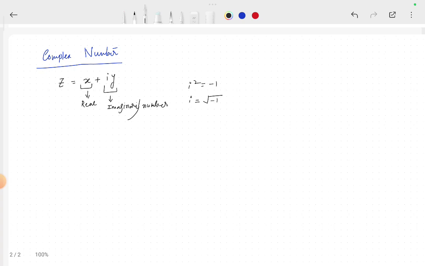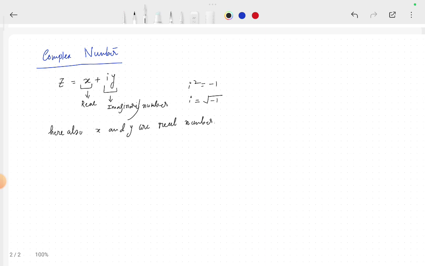These are the basics you already studied in your class 12 course. Here also x and y are real numbers.